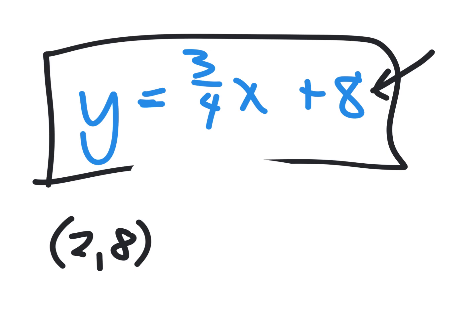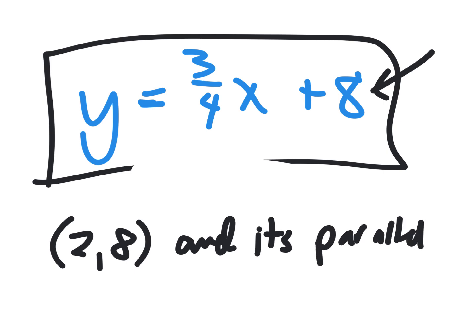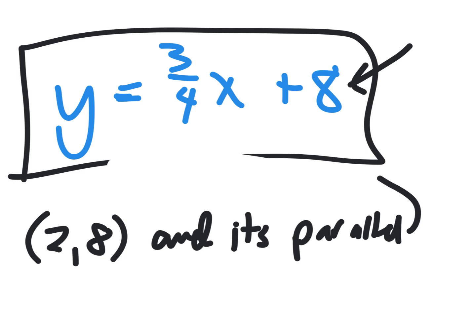It goes through 2, 8, and it's parallel to this. Make me an equation that goes through 2, 8 and is parallel to the blue one. That is about as tricky as they get. It's not that hard. I just gave you the slope in a weird way.